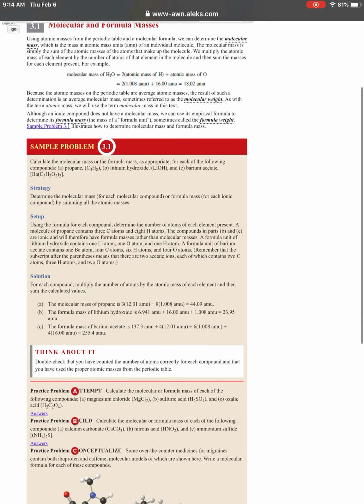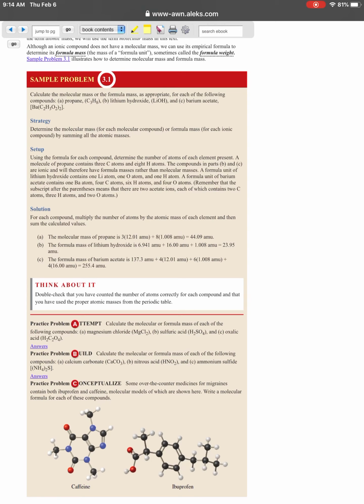Take a look at the solution here for the barium acetate. Barium has an atomic mass of 137.3 AMU. Carbon has an atomic mass of 12.01, but there's 4 of them. Hydrogen has an atomic mass of 1.008, but there's 6. And then there are 4 oxygens, 4 times 16.00. Notice the answer only goes 1 digit past the decimal point.